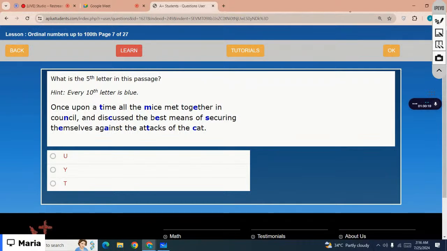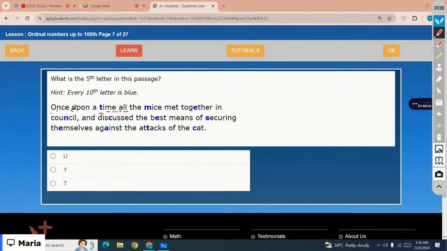You have to see the fifth one. So just count 1, 2, 3, 4. Fifth one is U. The correct option is U.